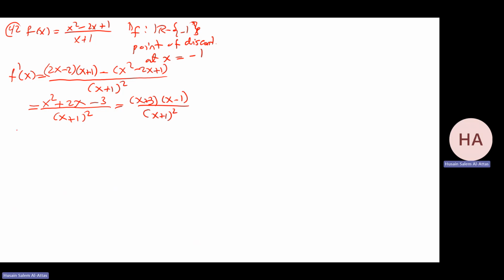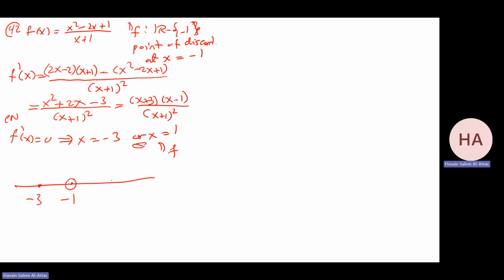Okay. F prime equals 0. So I have for critical numbers x equal minus 3 or x equal 1. And both belong to the domain of f, so they are critical numbers. Now we'll put the number line. Don't forget the point of discontinuity. So I have minus 3, this is open.